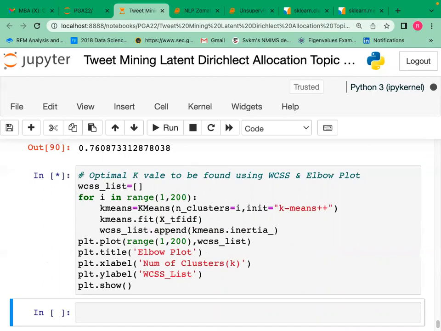So in real time large data, we won't get the proper elbow plot. So we have to go with silhouette score and elbow plot both.